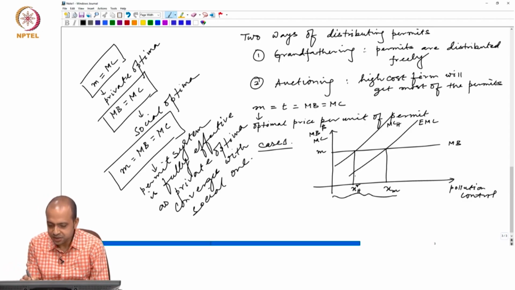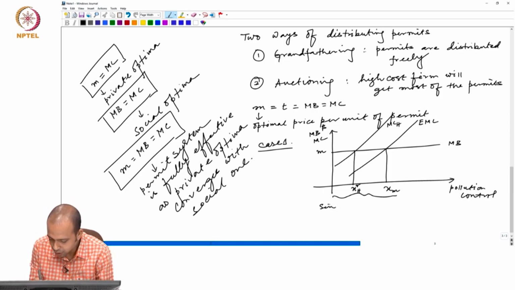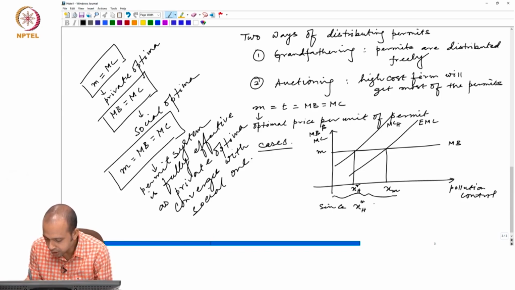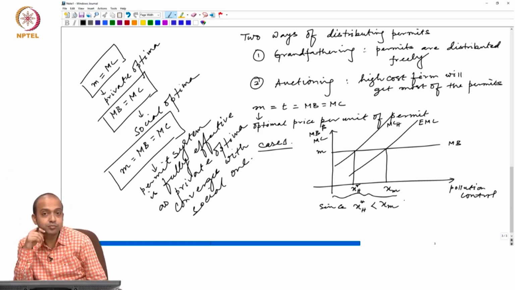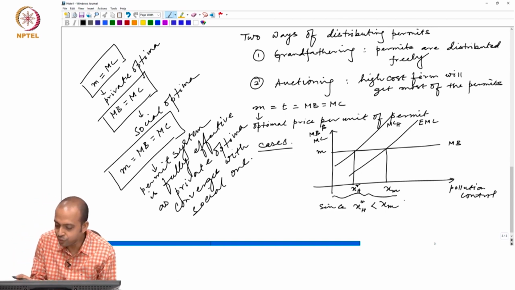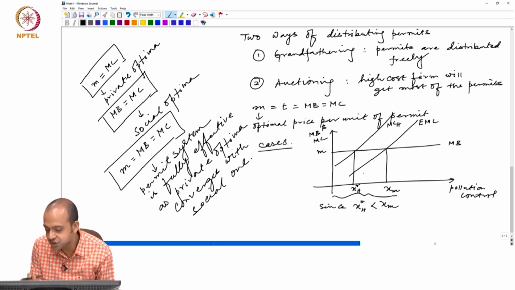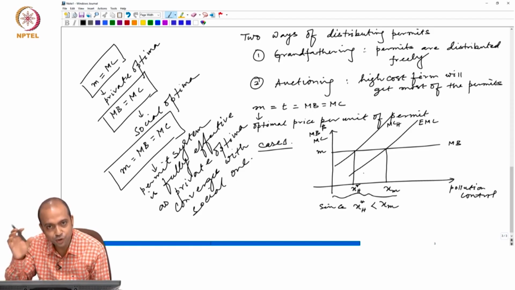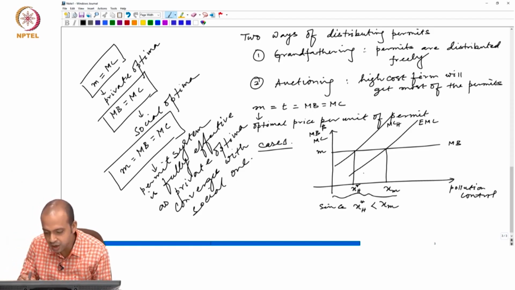So, since XH star is less than XM, what is the intuition? The firm requires more permits than what is assigned. The firm requires more permits because the entire right hand side beyond XH star is the amount of permit required, but they are given only XM.